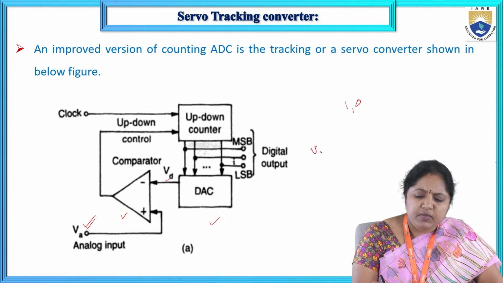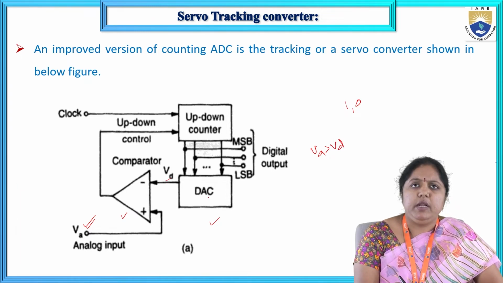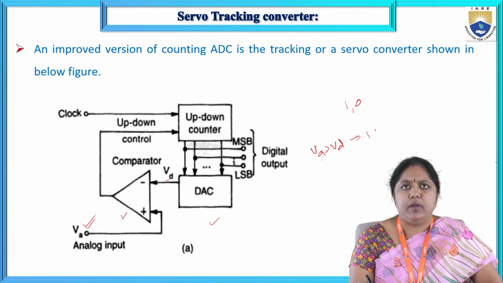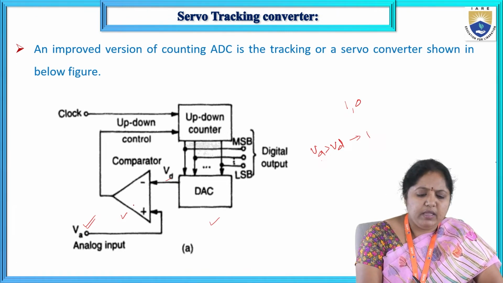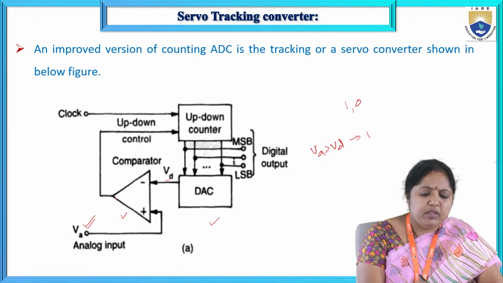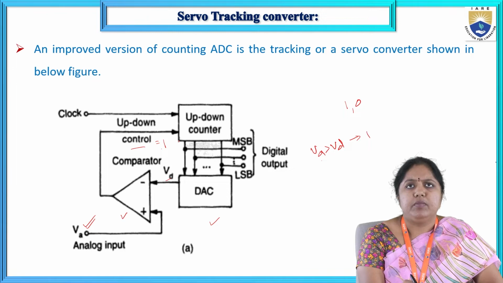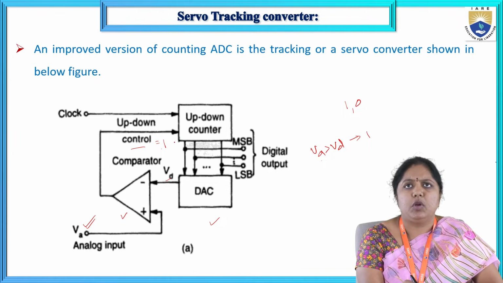Suppose VA is greater than VD, where VD is the output of the D to A converter. Then I will get output logic 1. This comparator output goes as the input for the up-down counter, and is called the control input for the up-down counter.